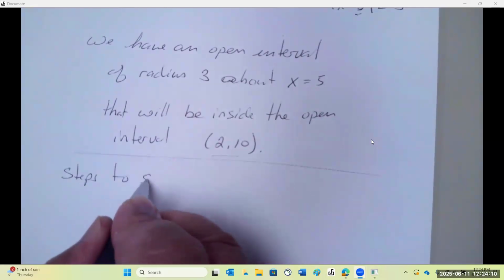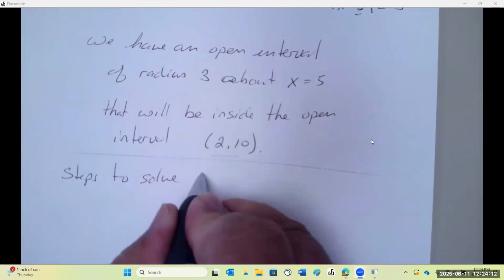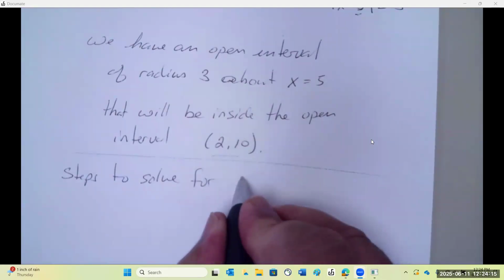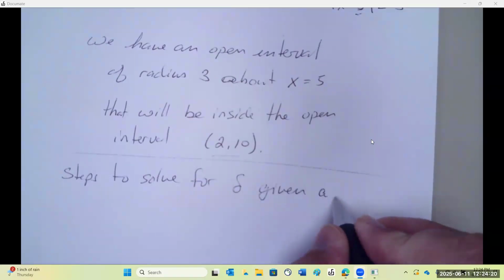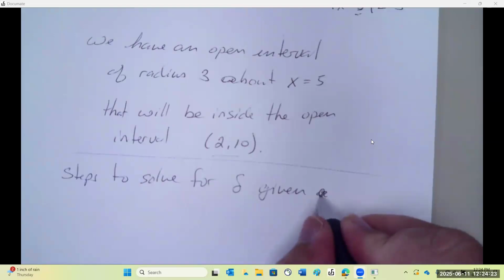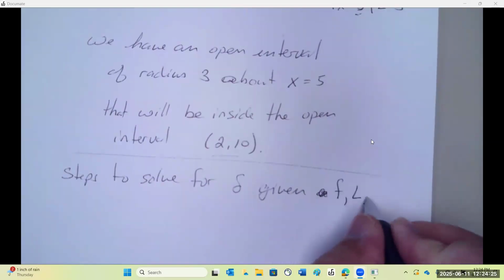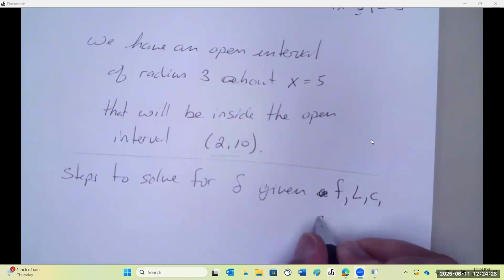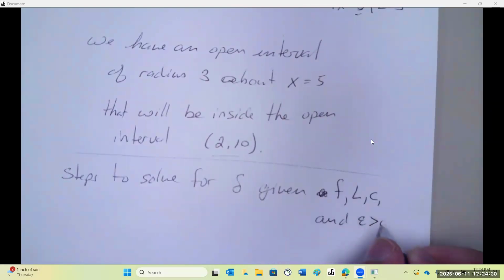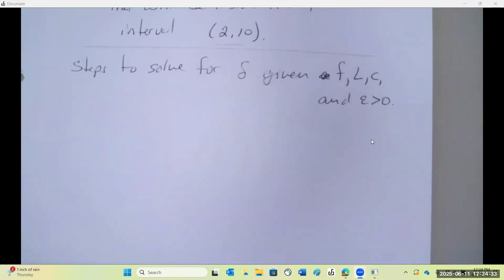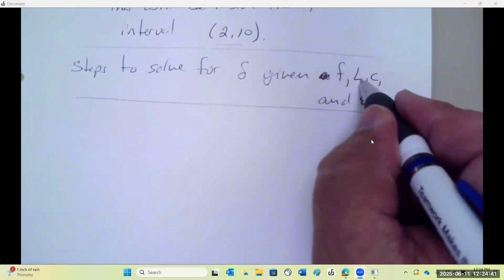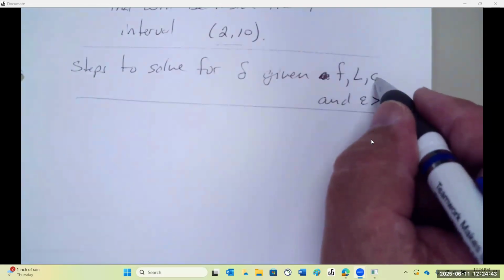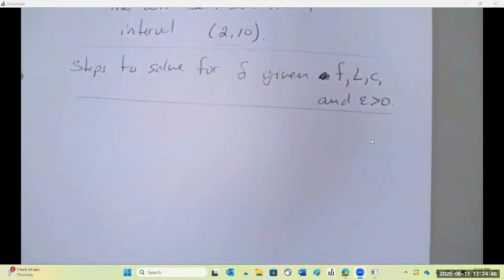Steps to solve for delta. Given our function, our limit, our C, and our epsilon is greater than 0. Steps to solve for our delta, given a function, a limit, a C value that we're approaching, and an epsilon greater than 0.